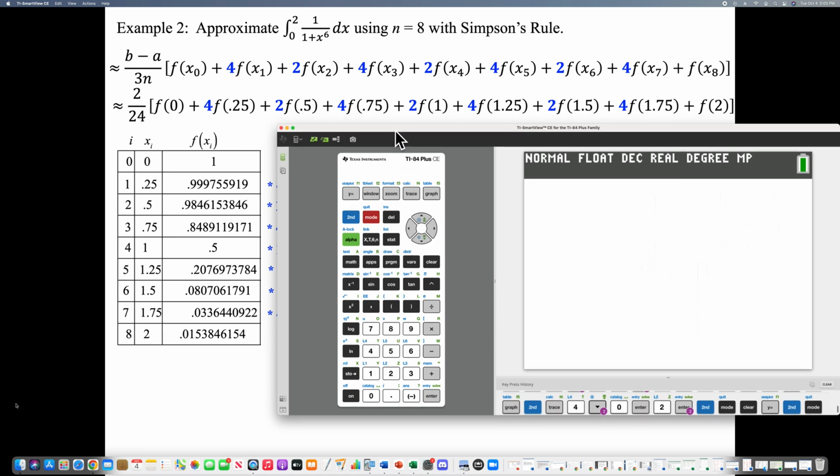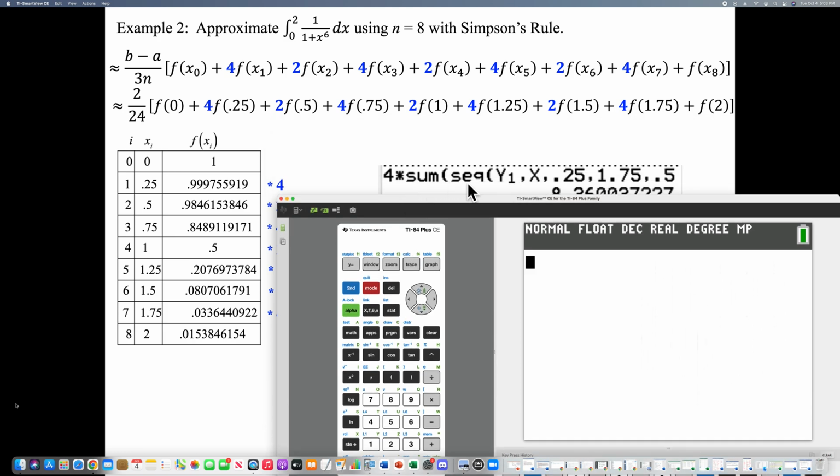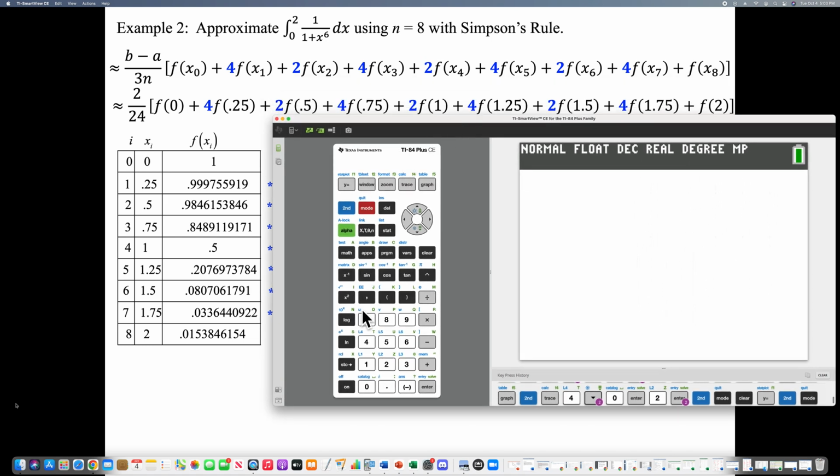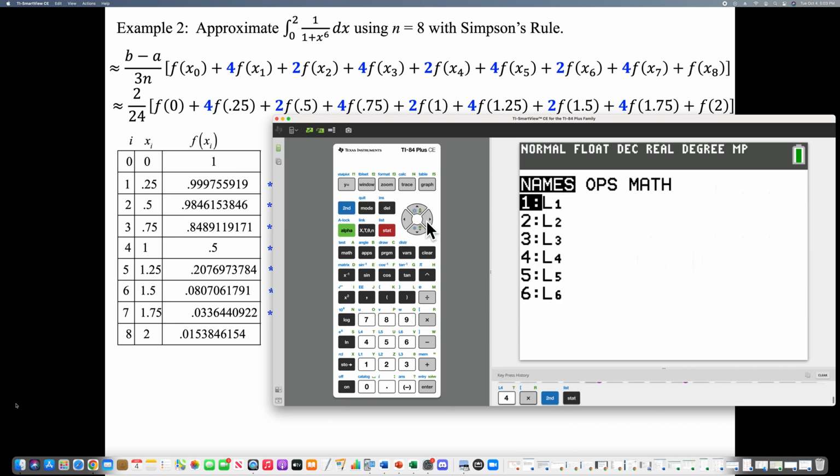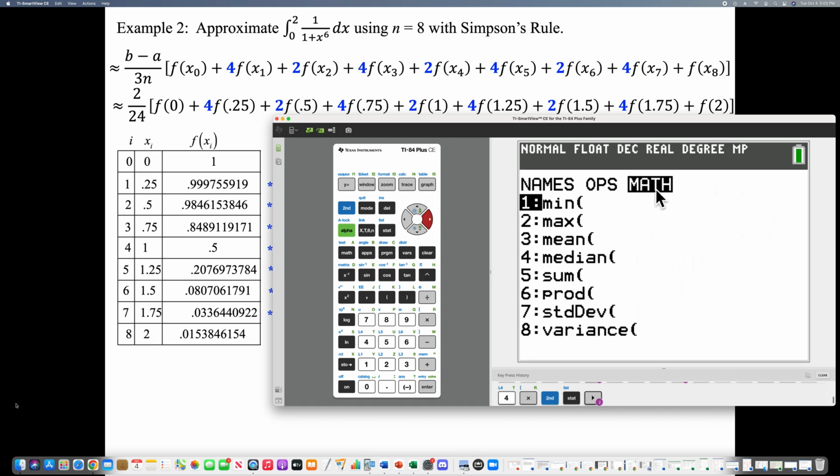All right, so I want to do a sum and sequence. So we're going to go 4 times second stat under math is the sum function, number 5.